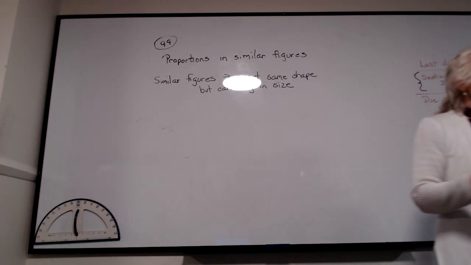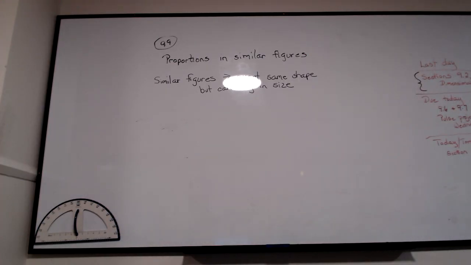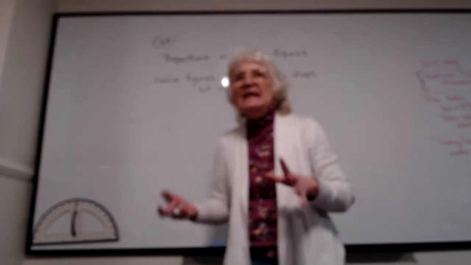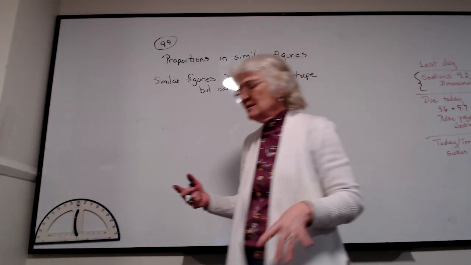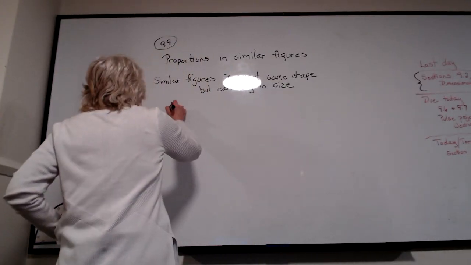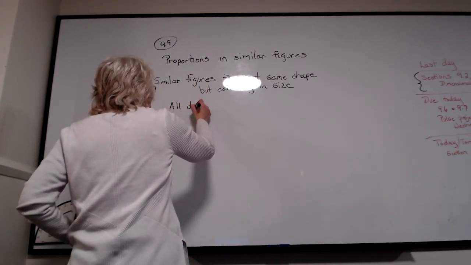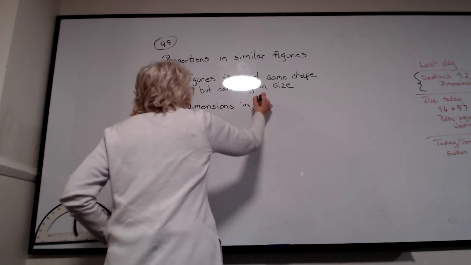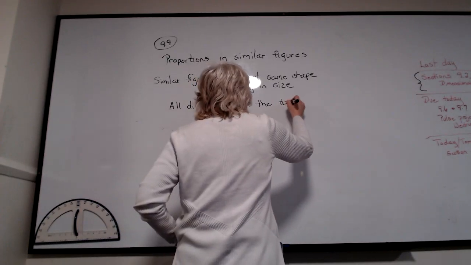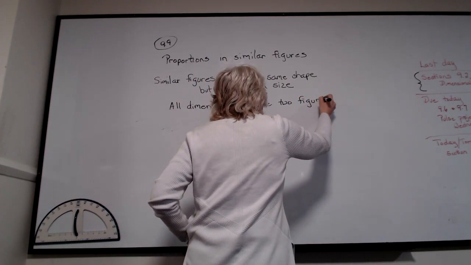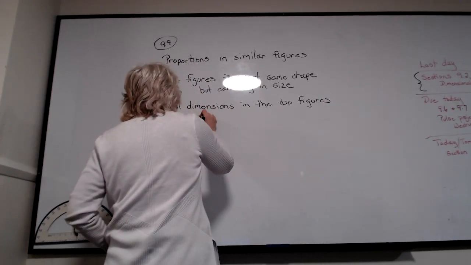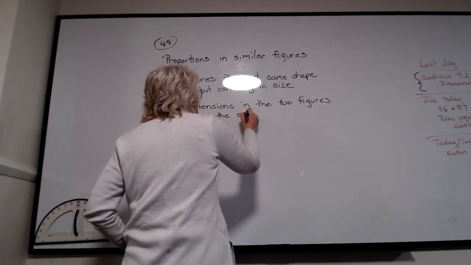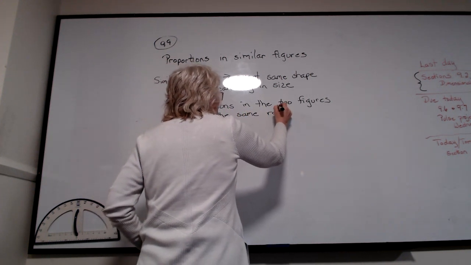We also have shapes of things, which we can draw. Give that to Brownson, please, the printed out part. There you go. Okay. So, in similar figures, all the dimensions in the two figures have the same ratio.